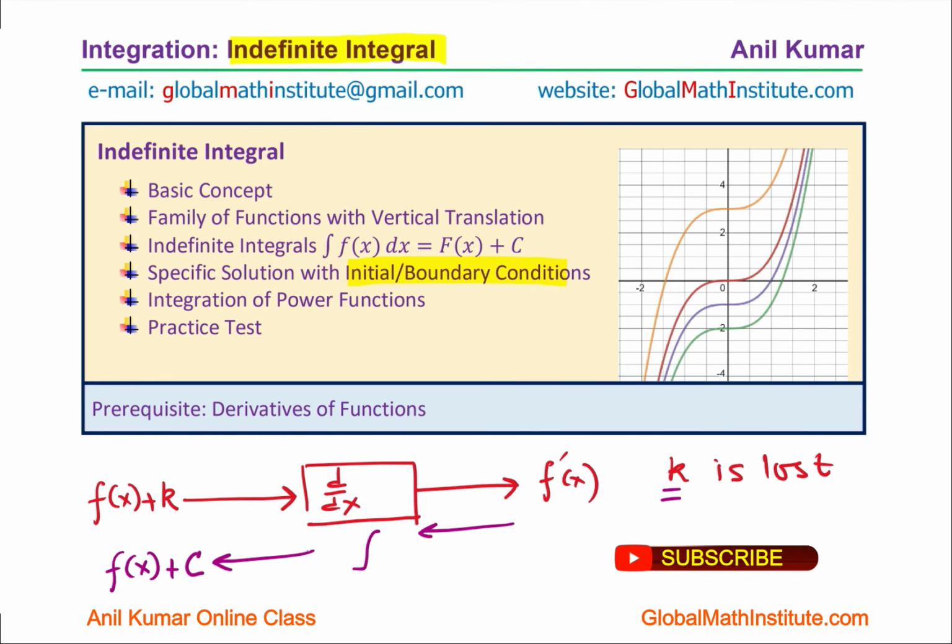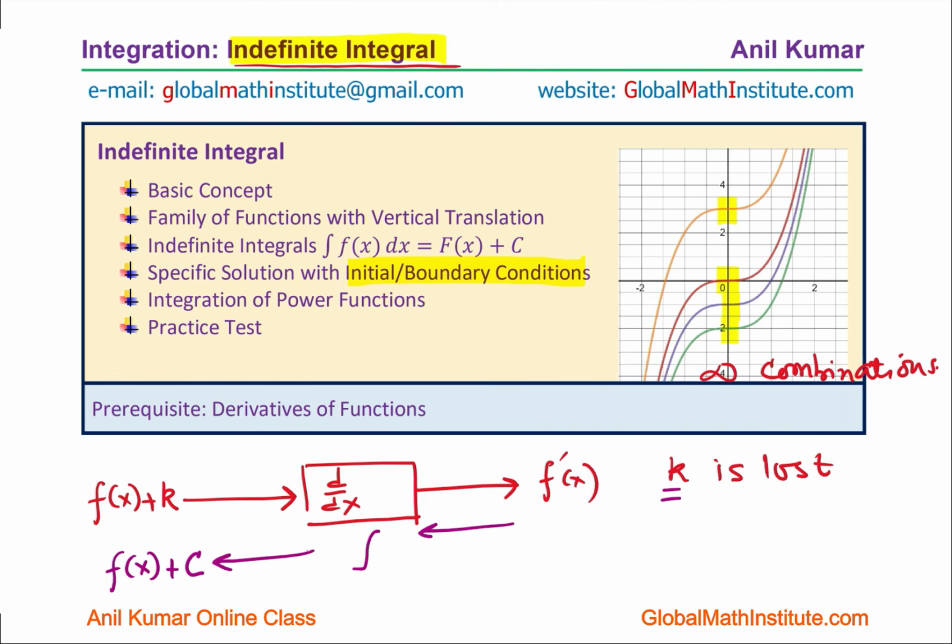As we had in our example number 10, and also right there in the beginning when we explained the concept. So the derivative, when given to us, could represent any of these vertically translated functions. In fact, there are infinite of these, right? Since there are infinite possibilities, we call this an indefinite integral. That's how it gets its name.